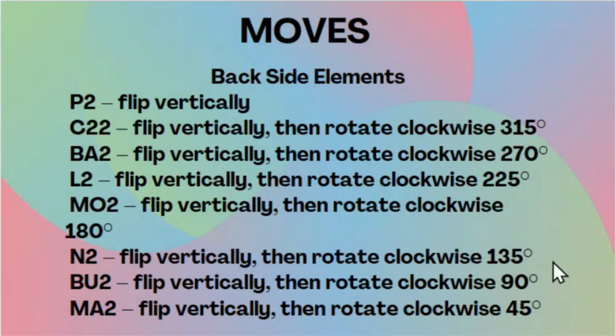For N2, flip vertically, then rotate clockwise 135 degrees. For PU2, flip vertically, then rotate clockwise 90 degrees. Then MA2, flip vertically, then rotate clockwise 45 degrees.